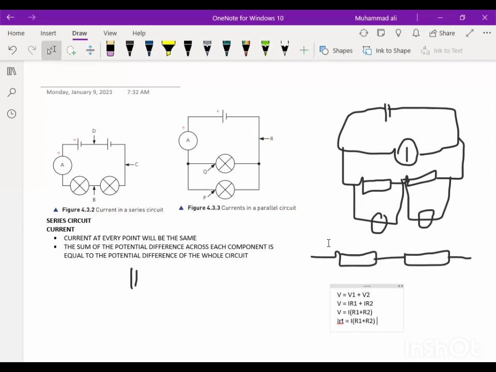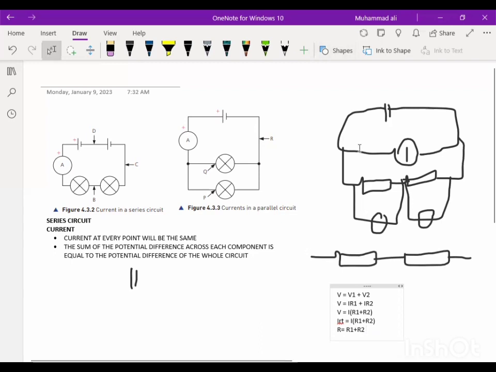Because I on both sides is the same, it's going to cancel out. So in the end, we're only going to have this thing left. So this is how current in a series circuit is going to work out.